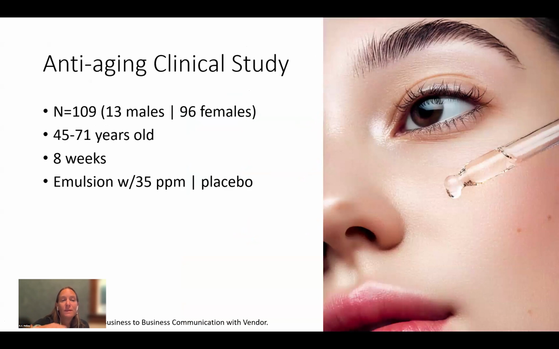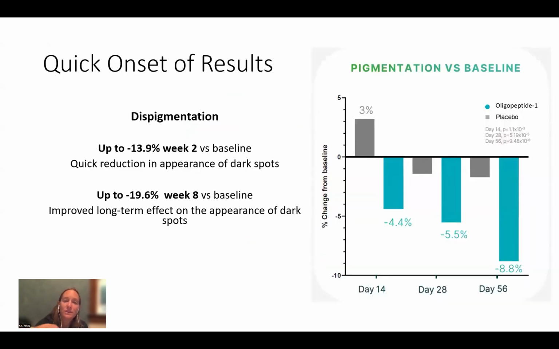In another study, they had 109 people, including males and females, a slightly older age group. This went for 8 weeks, versus placebo. What they found is that versus the placebo product, when they looked at dyspigmentation or hyperpigmentation in the skin, there was up to a 13.9% decrease by week 2 over baseline.